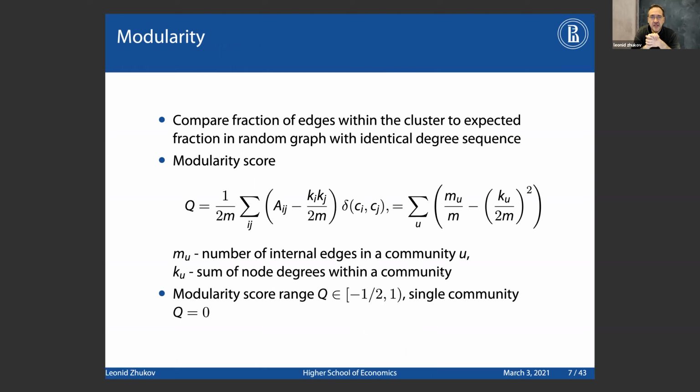The idea here is, again, to compare the fraction of edges within the cluster, but now not to the average density in the graph, but to an expected fraction of edges if we had a random graph with the same degree sequence as our graph.